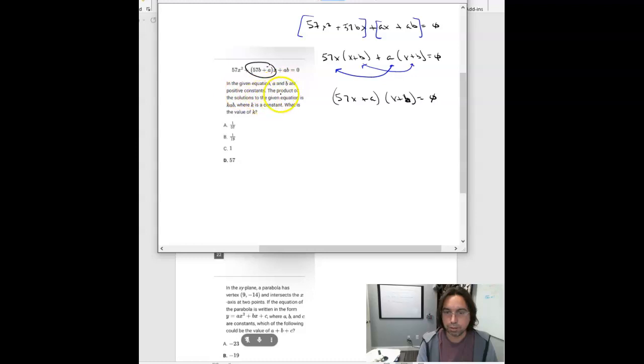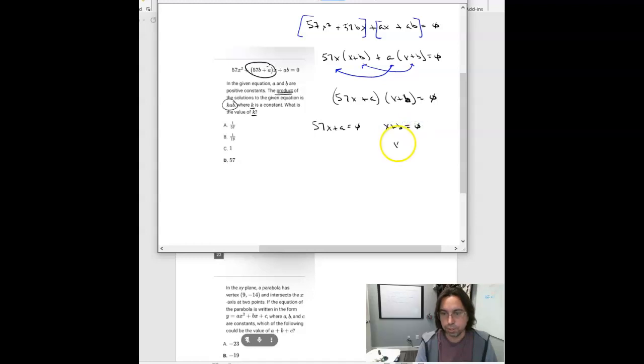The product of the solutions to the given equation is equivalent to k times ab, where k is a constant. We want to know the value of k. Just like we would with normal quadratic equations, in order to solve for x, we have to set each factor equal to 0. So we set up 57x plus a equals 0 and x plus b equals 0.